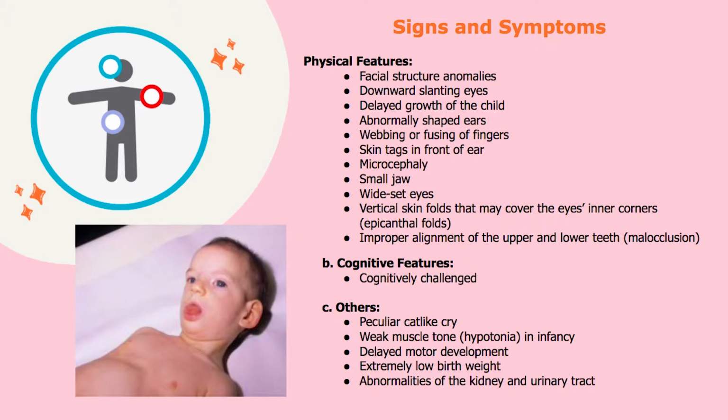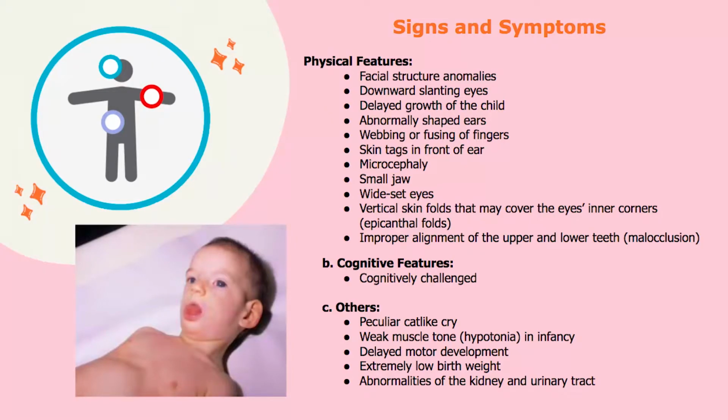For the physical features, we have facial structure anomalies, downward slanting eyes, delayed growth of the child, abnormally shaped ears, webbing or fusing of fingers, skin tags in front of the ear, microcephaly, small jaw, wide-set eyes, vertical skin folds that may cover the eyes' inner corners or epicanthal folds, improper alignment of the upper and lower teeth, which is called malocclusion. For the cognitive features, we have cognitively challenged.